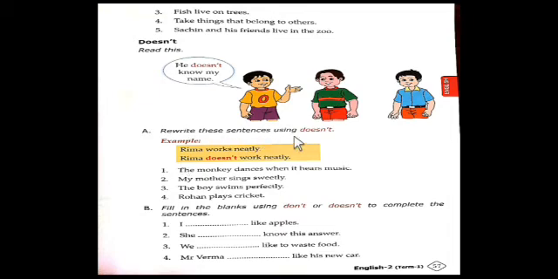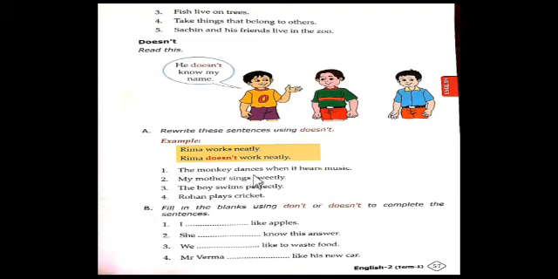Rewrite these sentences using doesn't. Here the example has been given. Rima works neatly. How do you make this sentence? Adding the word doesn't. Rima doesn't work neatly. Okay, first one.